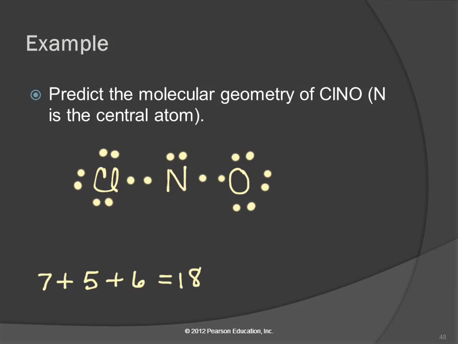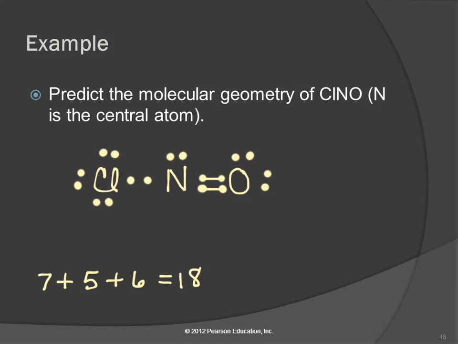No, the nitrogen's not happy. So we're going to have to do a little more sharing. I'm going to take one of these lone pairs from oxygen and share it with nitrogen. And so we're going to end up with a double bond there. Is everybody happy now? Yeah, everybody's got 8 valence electrons.